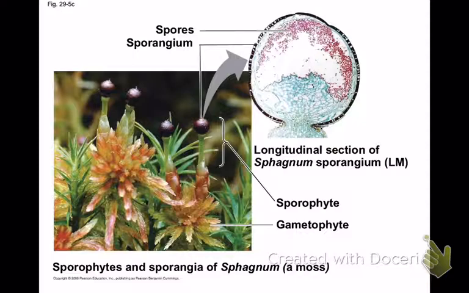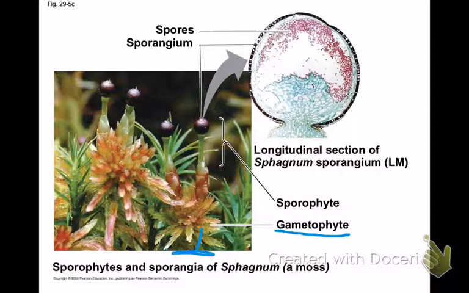This is sphagnum moss, but you can see its structure is quite similar to the Mnium. So at the base, they're anchored to their substrate by rhizoids. And the dominant generation that you see in the environment is the gametophyte. So you have a stalk with leafy structures coming off of it.